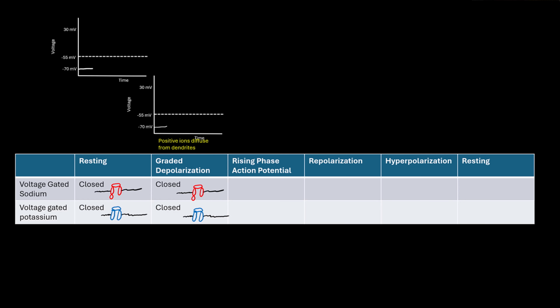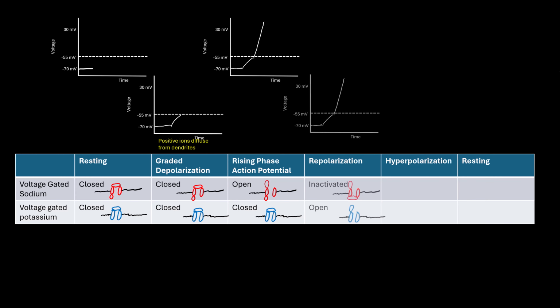We'll start at resting membrane potential, negative 70 millivolts. As voltage-gated sodium channels open, there's a rapid depolarization. At this peak, voltage-gated sodium channels inactivate, and voltage-gated potassium channels open. This causes a rapid repolarization.